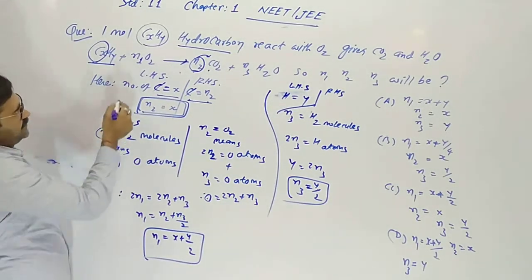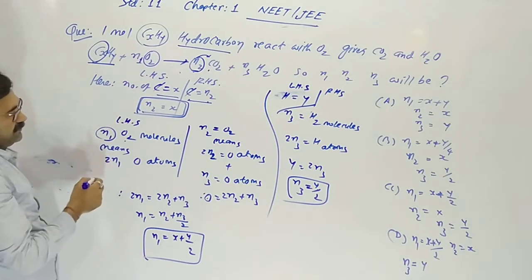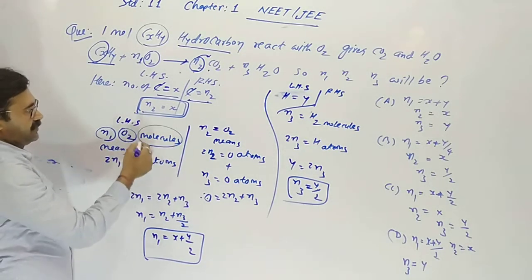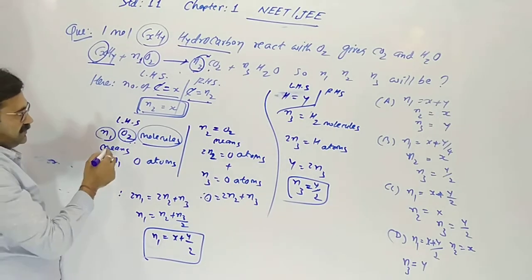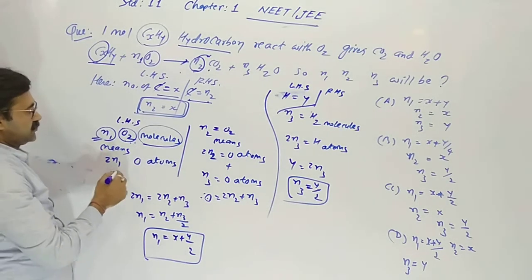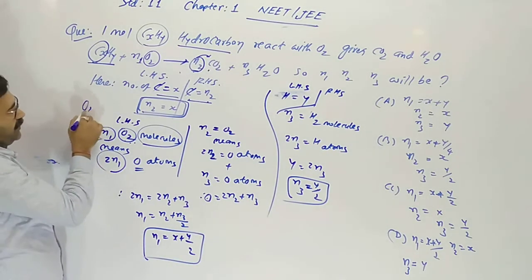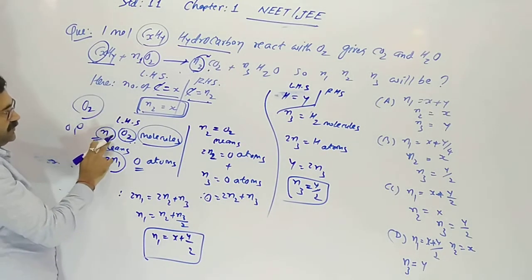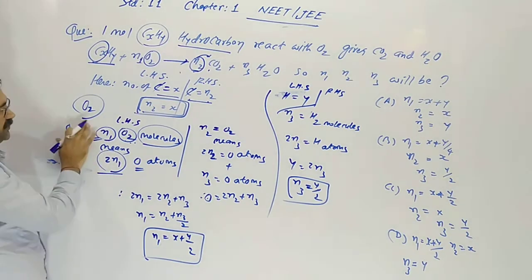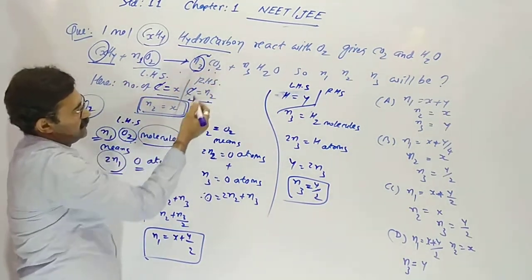Now what about oxygen? On the left hand side there are N1 molecules of O2. In a molecule there are 2 oxygen atoms. So N1 molecules of O2 means the atoms of oxygen will be twice, 2N1, on the left hand side. Now on the right hand side, N2 mole of CO2.